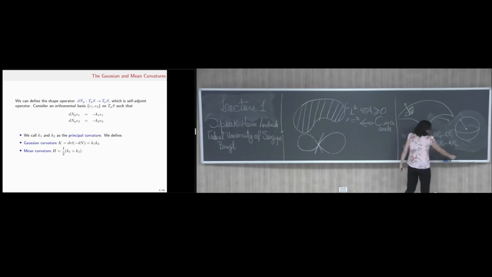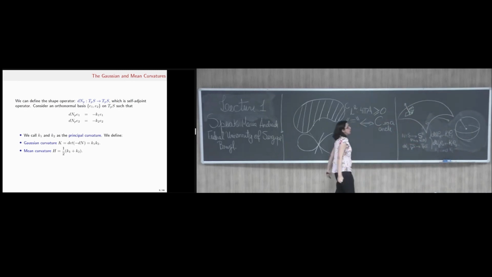This kappa 1 and kappa 2, we call the principal curvatures. So you can define two curvatures that are very important for us in this mini course. The first is the Gaussian curvature. Remember that, Gaussian, okay?